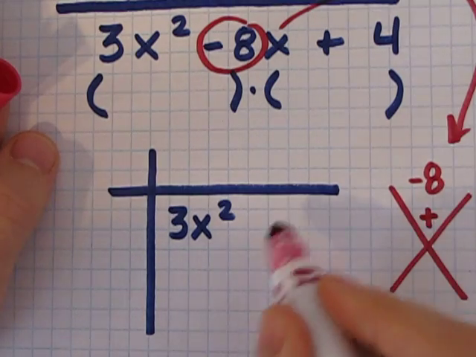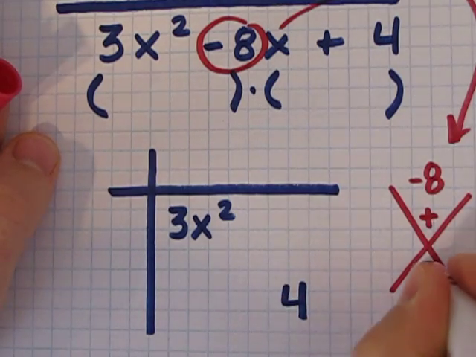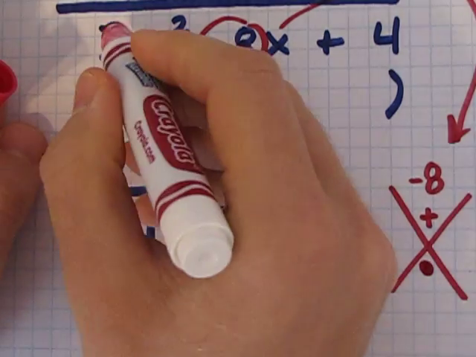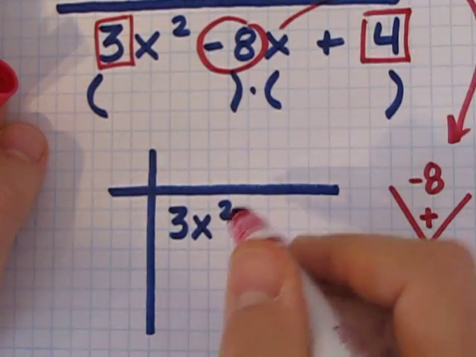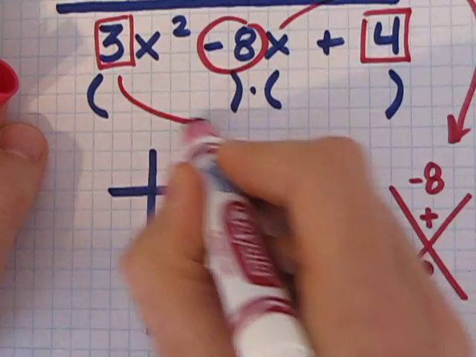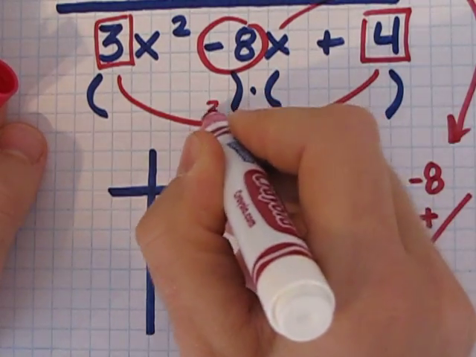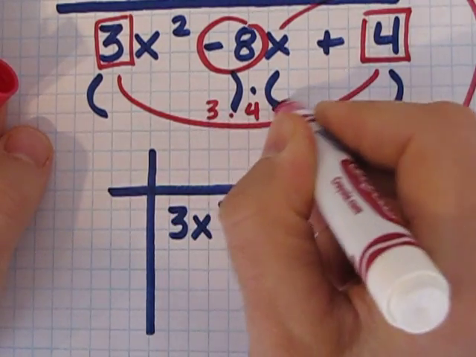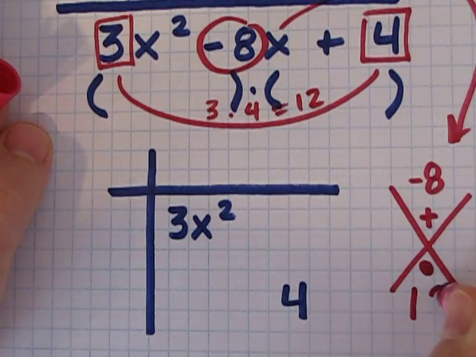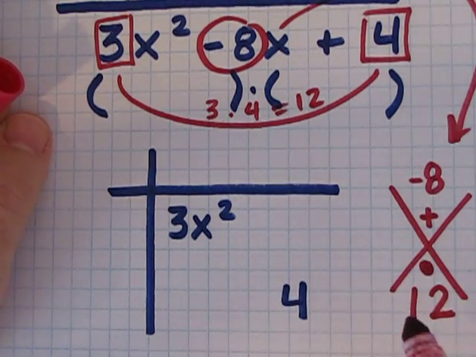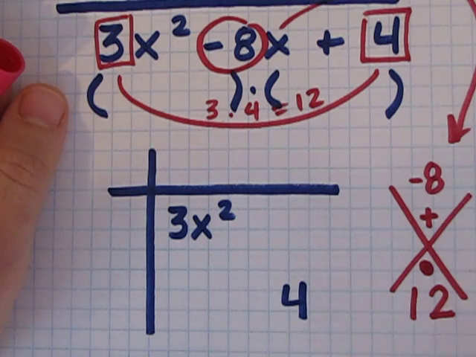And the numbers that go here and here, they have to multiply to the 3 times the 4. So 3 times 4 gives us 12. So we're now trying to think of two numbers that add up to negative 8 and multiply to 12.